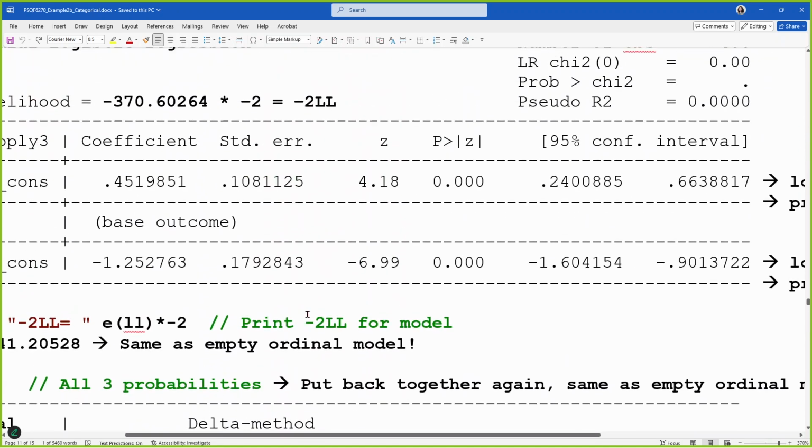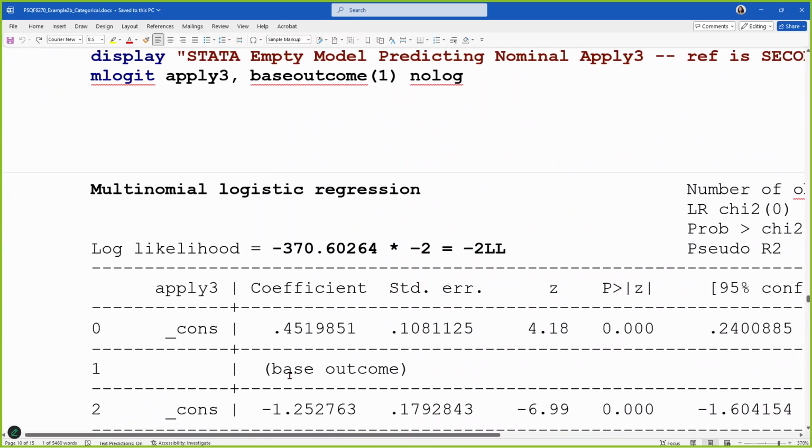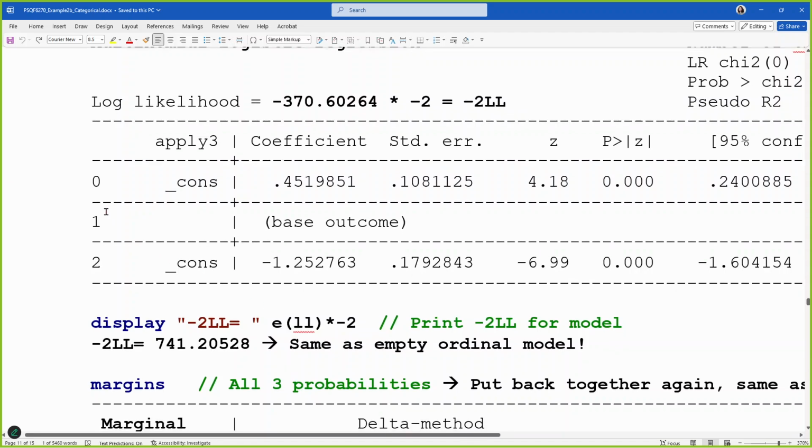So let's go back up to Stata output first for this. It looks a lot like the way that we had the output organized for ordinal. I've got a 0 submodel. It helps me by saying this is the reference. That's very nice. And then I have a 2 submodel. The first one is predicting the logit of the probability of answering 0 instead of 1, a lower choice.